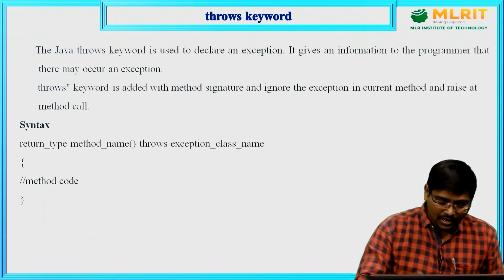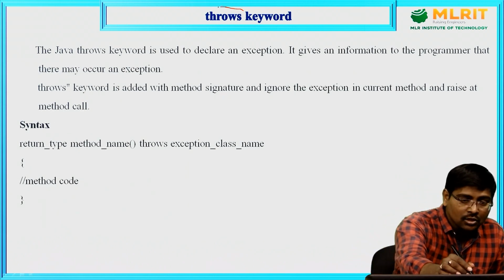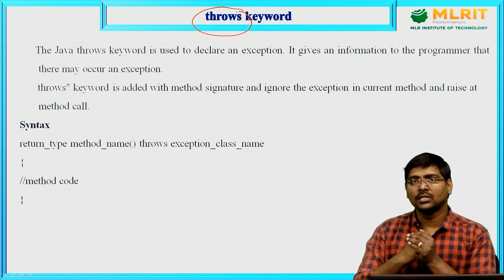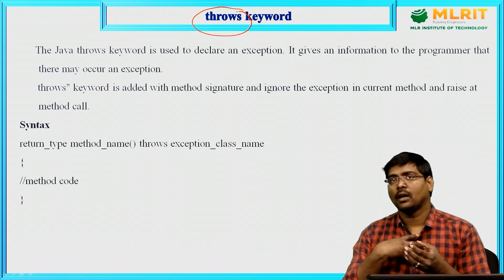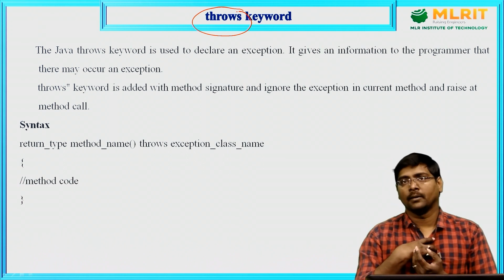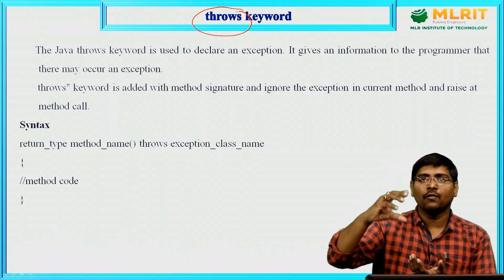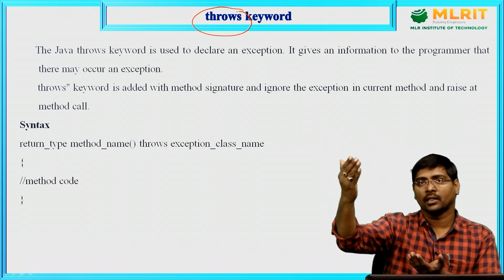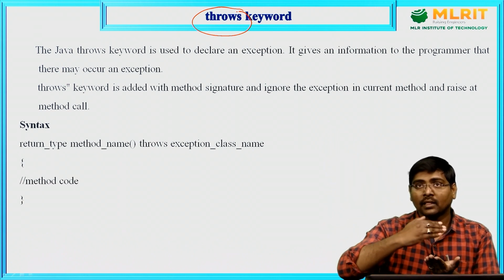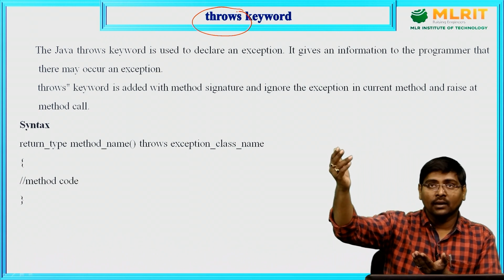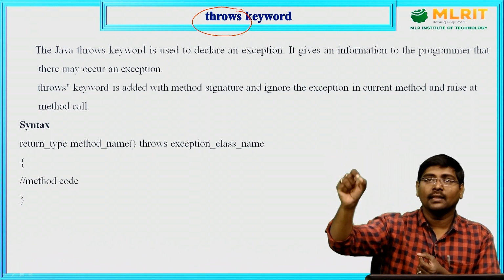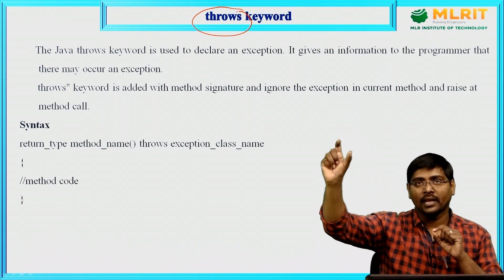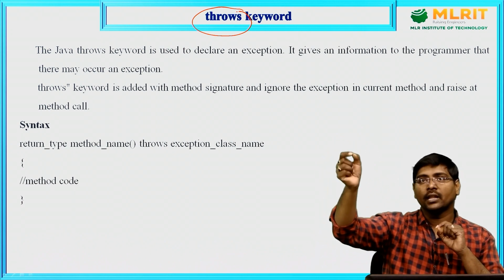Now, the next keyword is throws. In the simple sense, assume I am the main method. In the main method, I call one method, and that method may generate an exception.